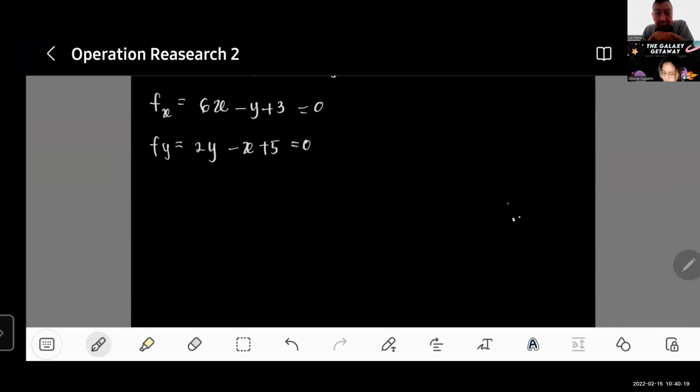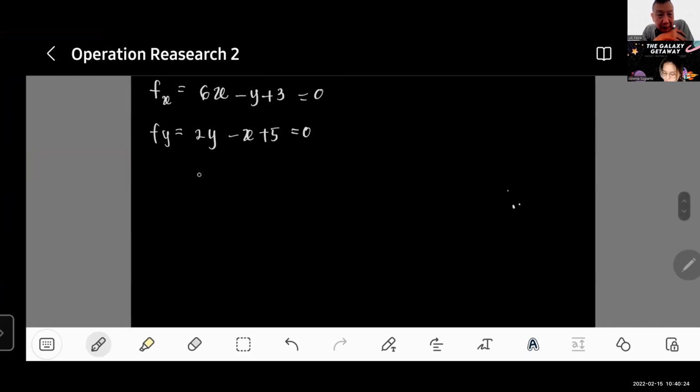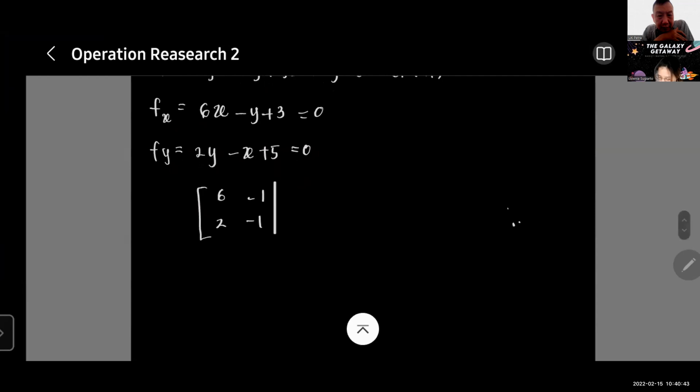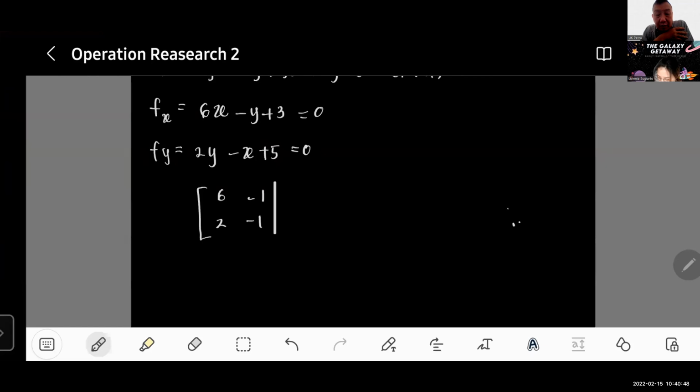Do you know how to make a matrix from here? So you separate the coefficients: it is 6, minus 1, and then 2 and minus 1, and then multiply by the factor x and y.